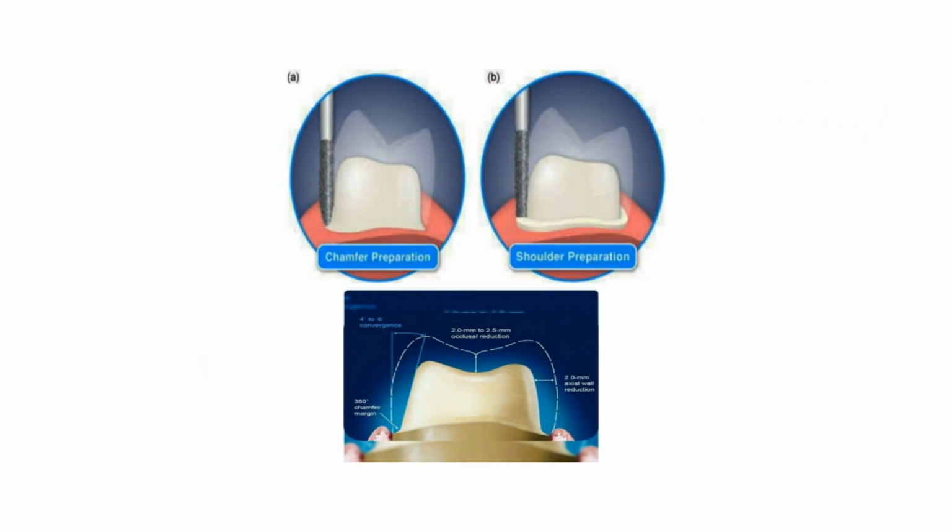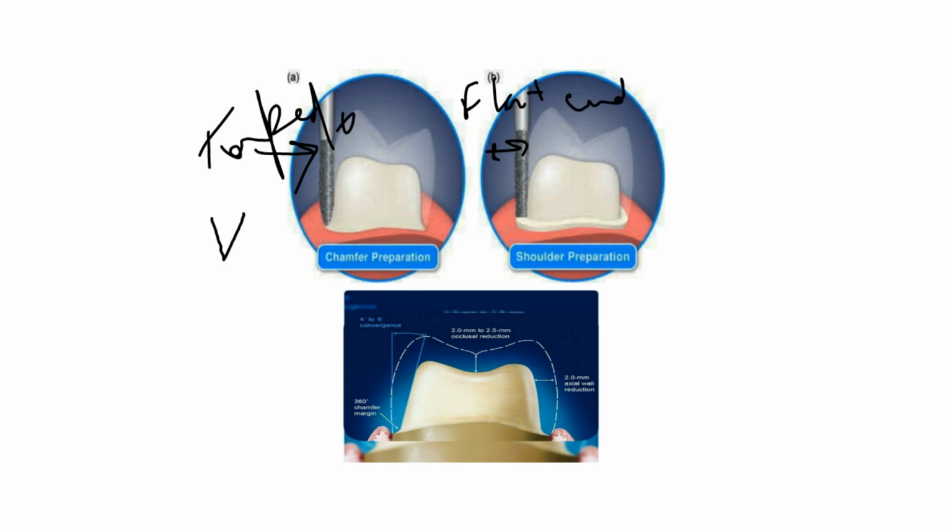So this is a torpedo burr, and this is a flat end burr. This torpedo burr has a conical shape at its apex, like this.